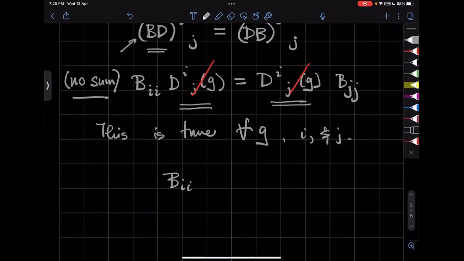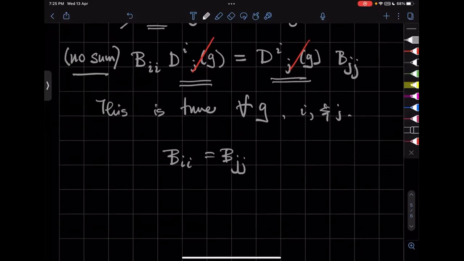If they're non-zero, then B_II equals B_JJ, which means that the matrix B is proportional to the identity matrix, because all the eigenvalues are the same, right? Because these are the eigenvalues.